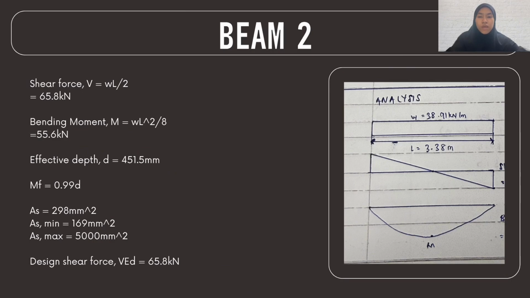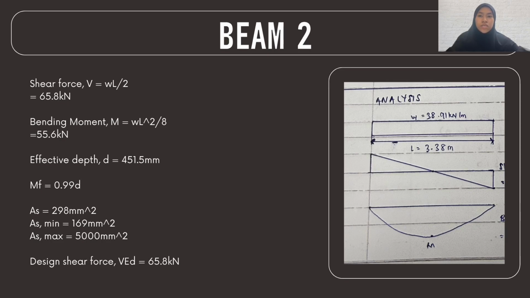The effective depth of the beam is 451.5 millimeters and the lever arm is taken as 0.99d. From these values, the required steel area is 289 square millimeters.